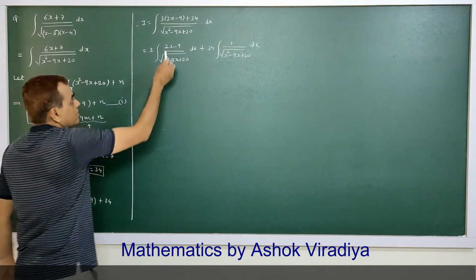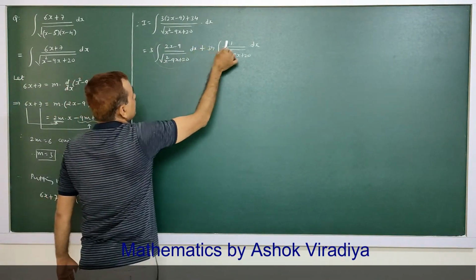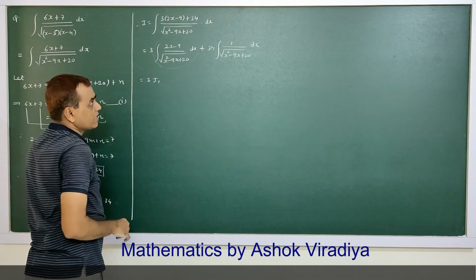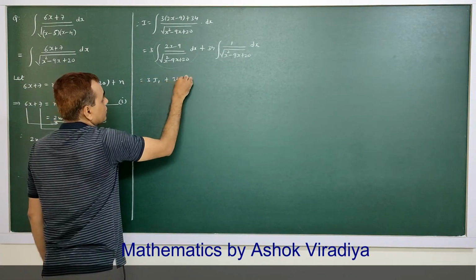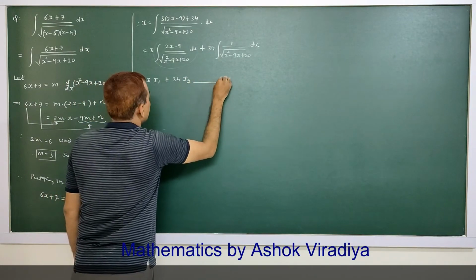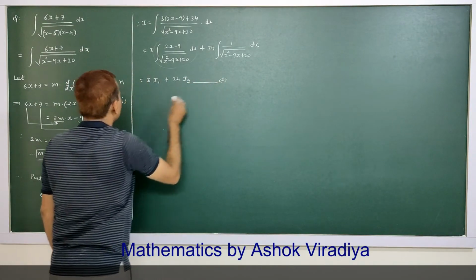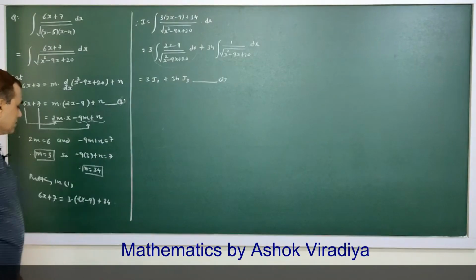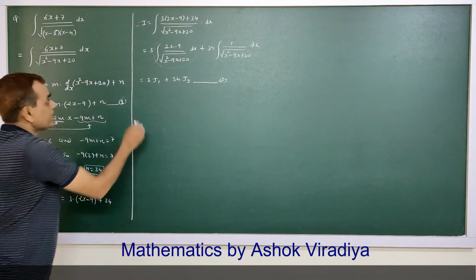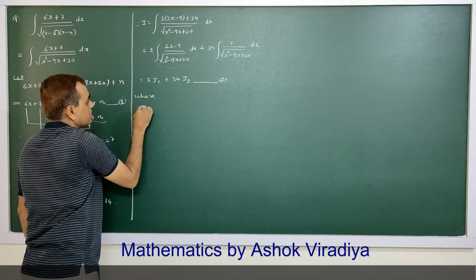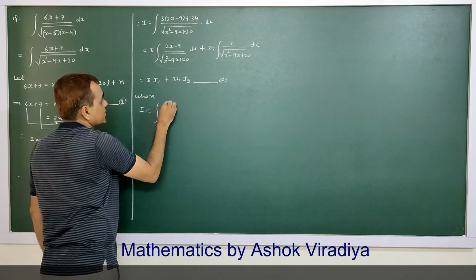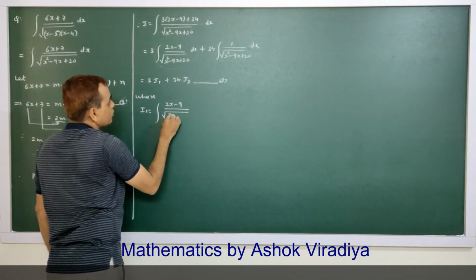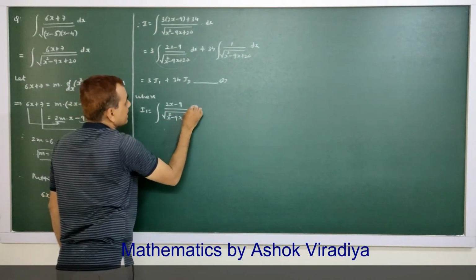Let me call this part I1 and this part I2. So it is equal to 3I1 plus 34I2. Suppose this is 2. Where I1 is (2x - 9) upon root x² - 9x + 20.